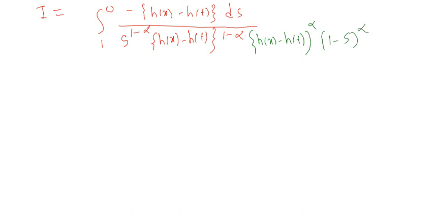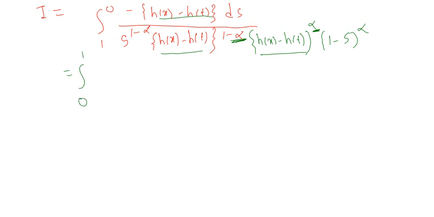Now you can see here this term and this term and this term, all together they will cancel. So this is minus alpha and this is plus alpha, so that will get cancelled, and 1 will remain, that will get cancelled with the numerator. And because of this negative sign, I can interchange the limits and write it from 0 to 1.